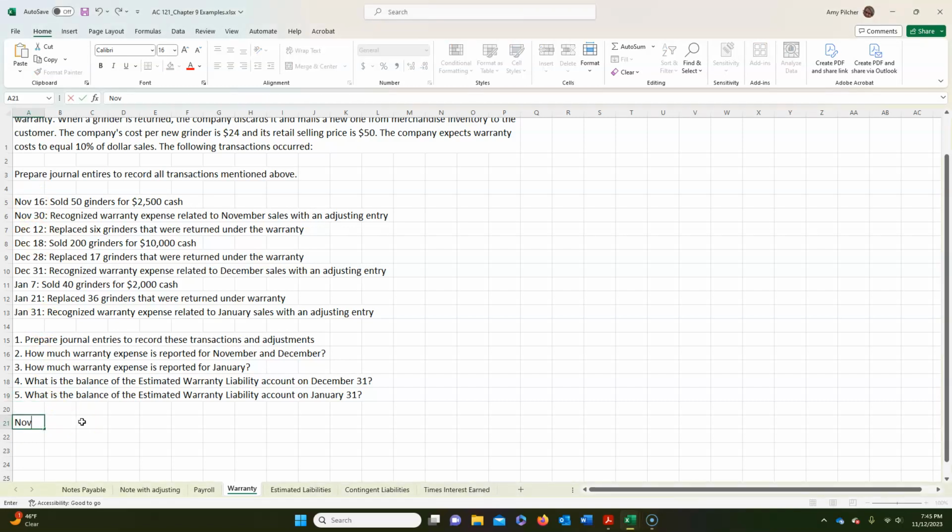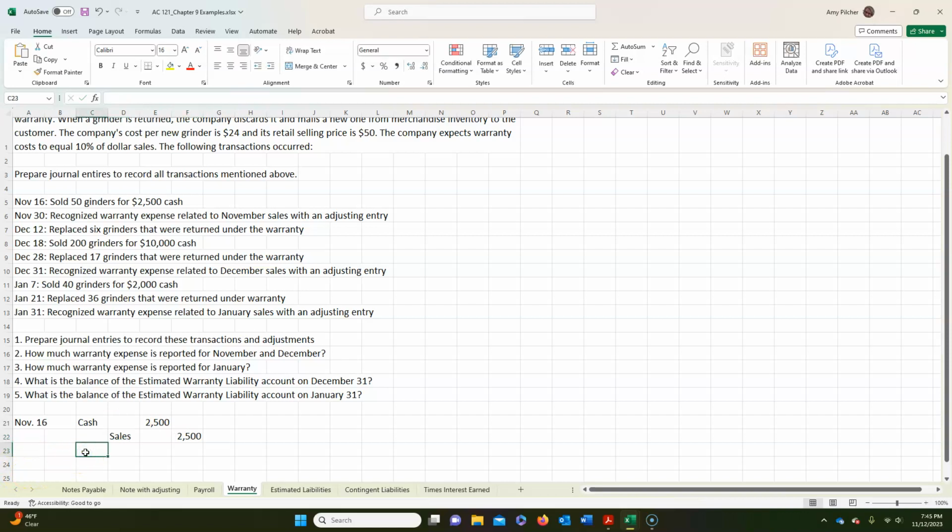On November 16, we sell 50 coffee grinders for cash. So we have cash and sales: $2,500 cash and $2,500 in sales.